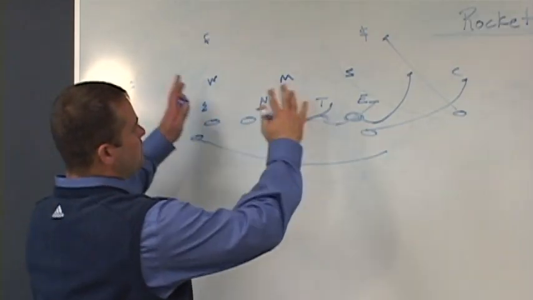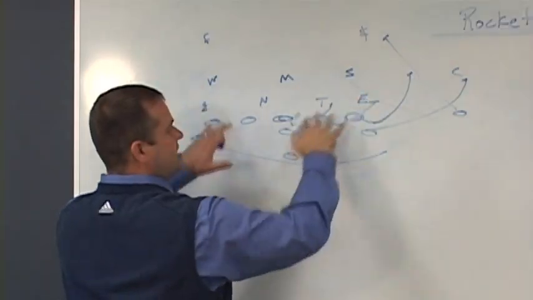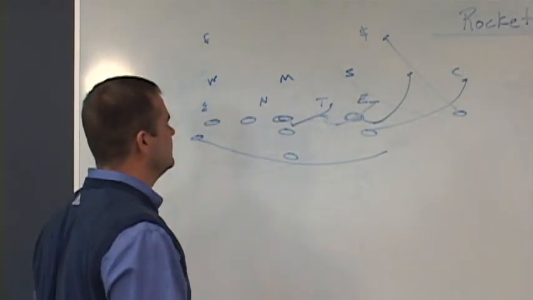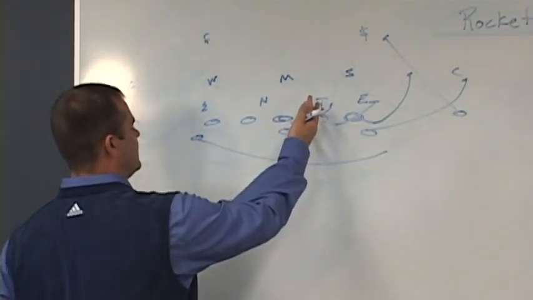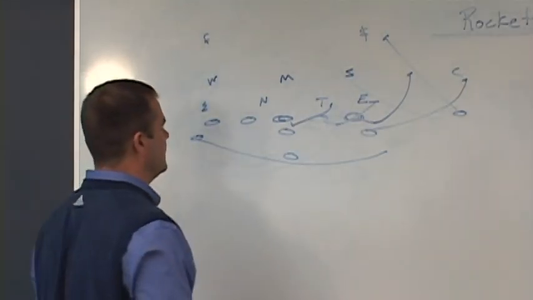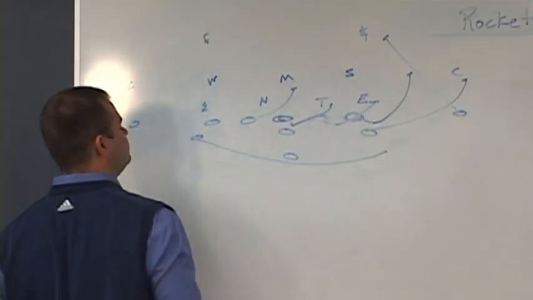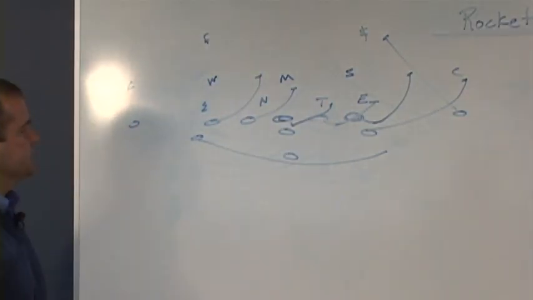Again, we game plan rocket toss a lot of times by how well these guys can run to the football. Sometimes we don't block them. It's something you have to decide when you're watching film from week to week, if this is something you can take advantage of. If they have a guy that can't move down the line of scrimmage as well, you can bypass those guys or run past them. Again, we're going to try to run past the nose here. Since he's backside, try to cut this guy off.